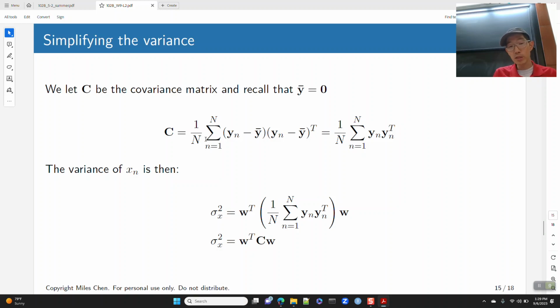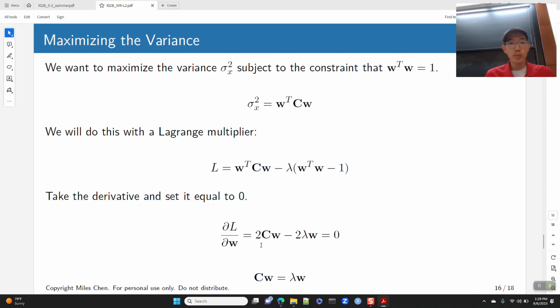So this is our definition of the covariance, and it simplifies to this because we set the mean of y equal to 0. So our variance of x can be simplified to w transpose covariance matrix times w. And we're trying to maximize this quantity. This is a scalar value.